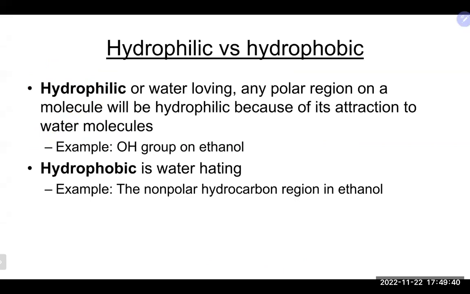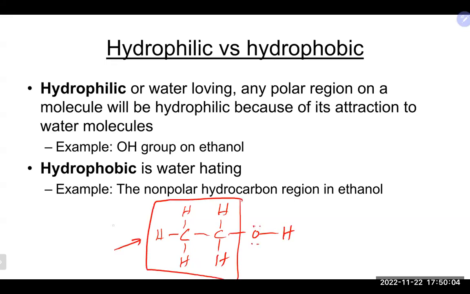Now, when we have interactions in some of these molecules that we talked about here, there are different parts to these molecules. For example, ethanol is a molecule that has two different regions on it. It has a nonpolar region, which is those carbons and hydrogens, but it has this polar bond here at the end, which is a polar region.